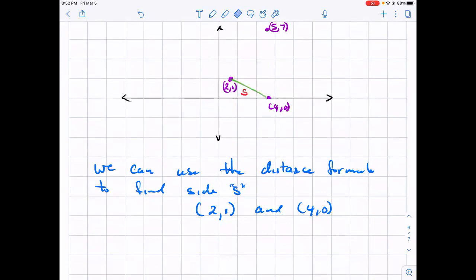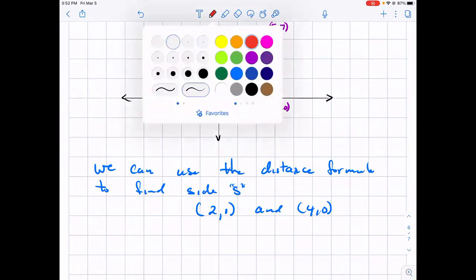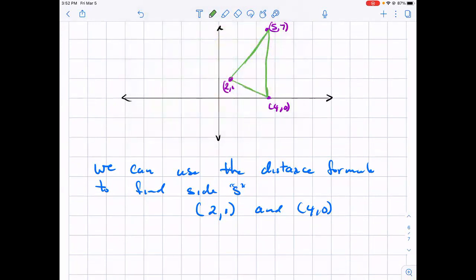So we could have called these, if we wanted, D1, D2, and D3.